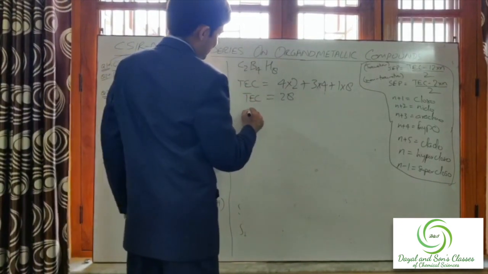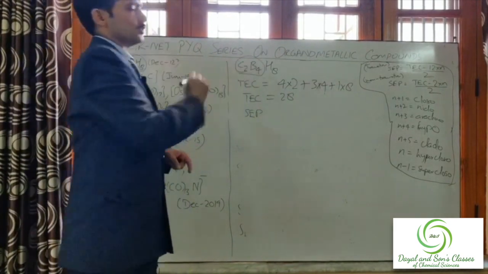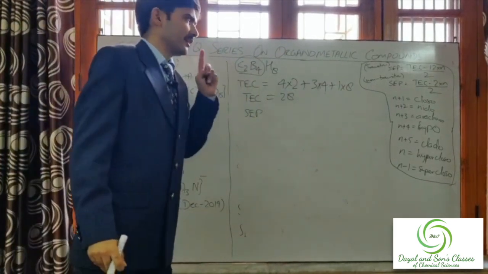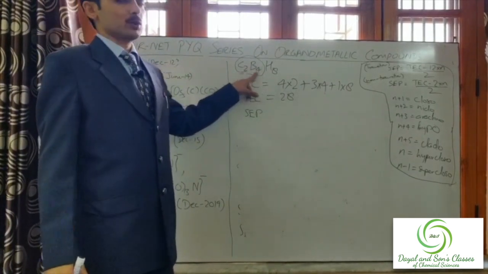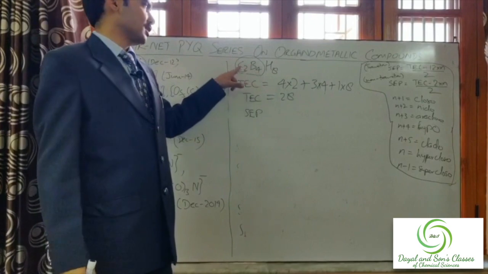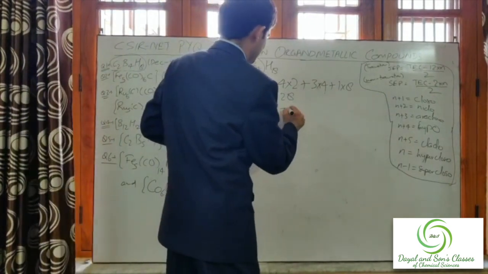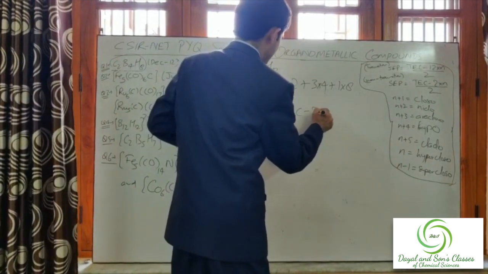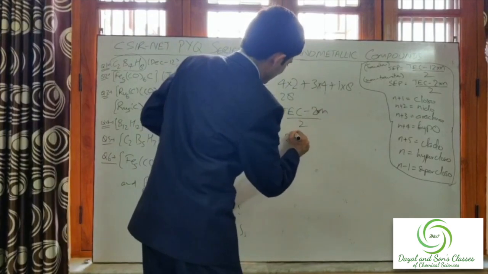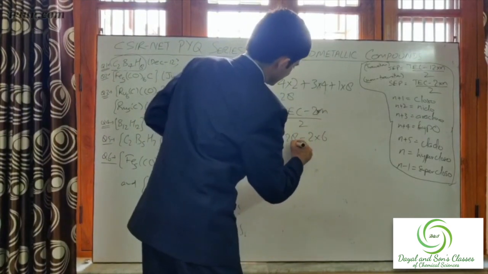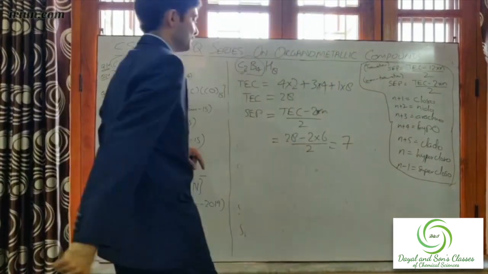Now SEP. Here all these elements are non-transition, and the number of vertices will be 2 plus 4. Both carbon and boron in this case will be forming the vertices. So the total number of vertices becomes 6. So the SEP becomes TEC minus 2 into N by 2. TEC is 28, the number of vertices is 6, divided by 2, that is equal to 7.